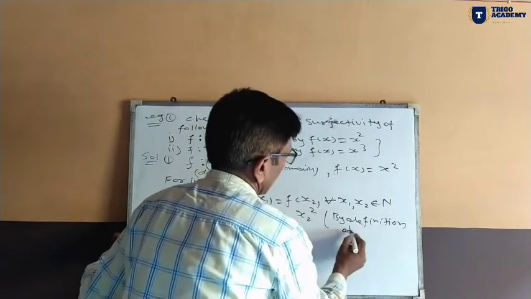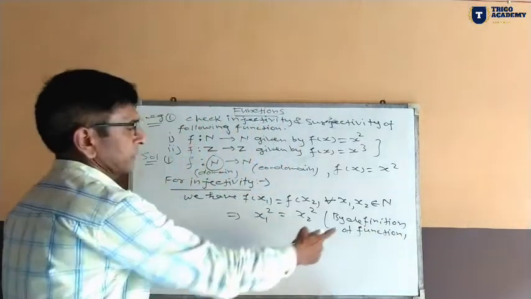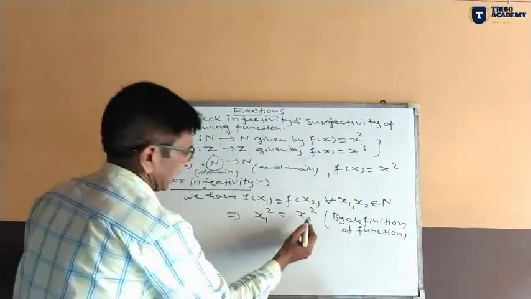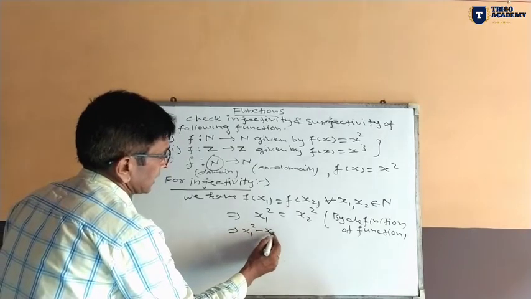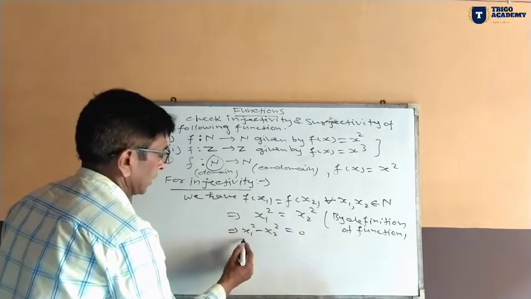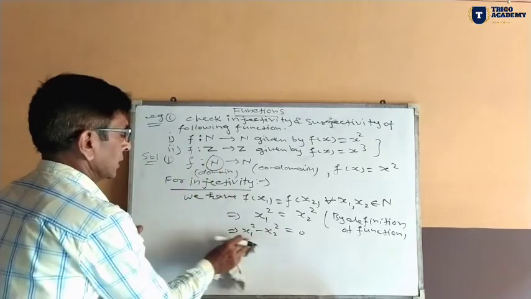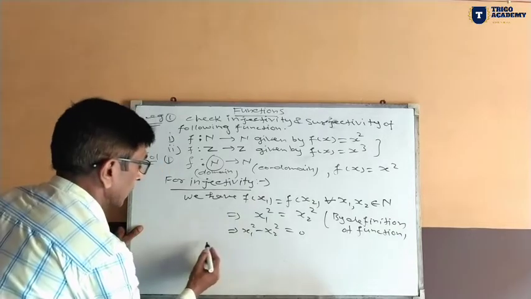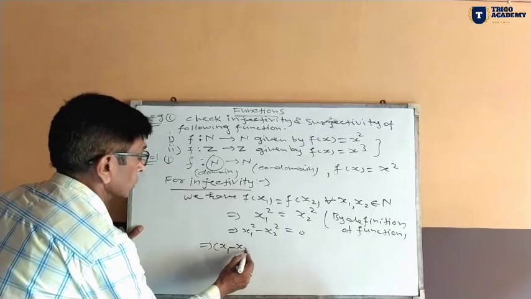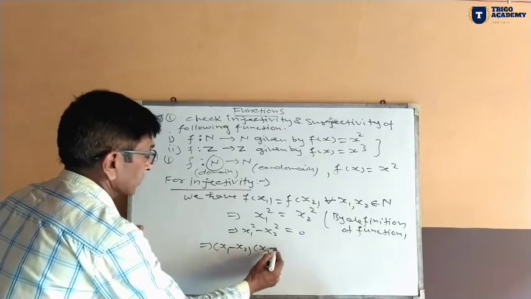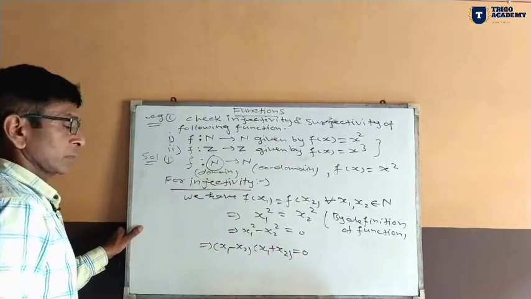Now x1 square minus x2 square equal to 0, and we apply the formula a square minus b square, so we get (x1 minus x2) into (x1 plus x2) equal 0.